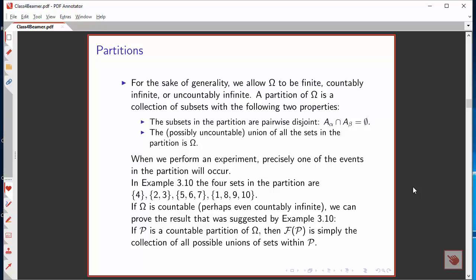Think about this and it becomes fairly obvious. If you had a sample space consisting of 1, 2, 3, and 4, then you could take all possible unions and get {1, 3}, or {2, 3, 4}, or so on. Here we're doing the same thing, but we're doing it with the four sets that are in the partition.